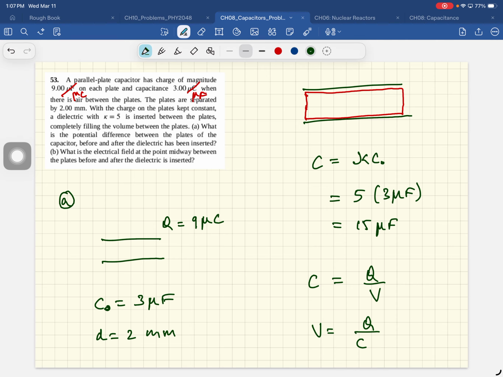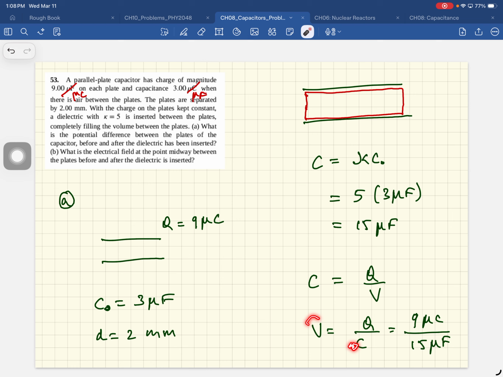Okay. They ask you, what is the potential difference between the plates after the dielectric has been inserted? So the charge is still the same, 9 microcoulombs, and the capacitance is 15 microfarads. Okay. So you see, the capacitance increased by a factor of 5 and the voltage decreased by a factor of 5.